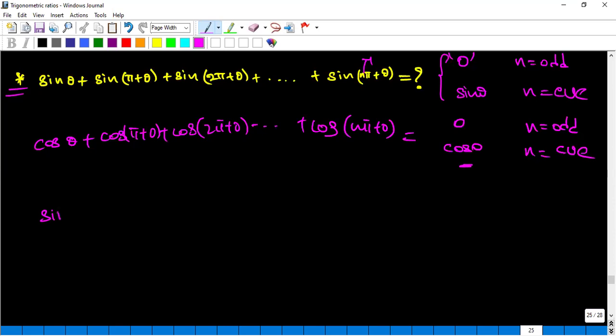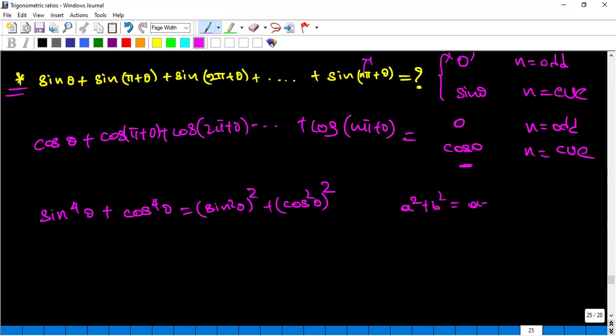Let me take sine power 4 theta plus cos power 4 theta is equals to what? Just observe this, sine power 4 theta you can write as sine square theta whole square plus cos square theta whole square. Just try to recall a formula. The formula is a square plus b square equals to a plus b whole square minus 2ab.